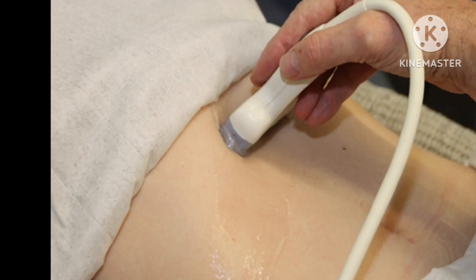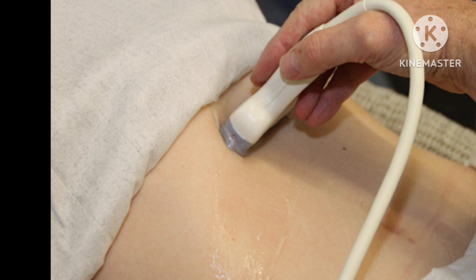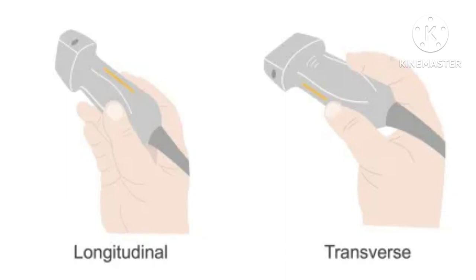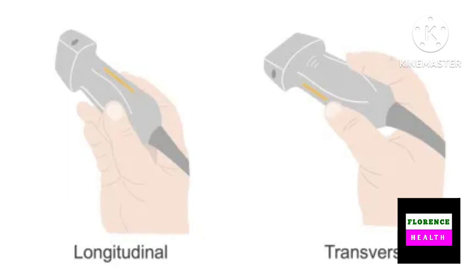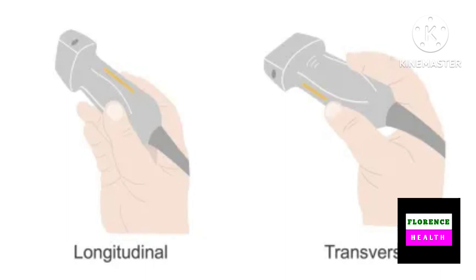This slide shows the sonologist taking a transverse section of an organ as the probe marker is towards the right side of the body. Again, for a longitudinal section, the probe marker should be towards the patient's head, and for a transverse section, the probe marker should be towards the right side of the body.